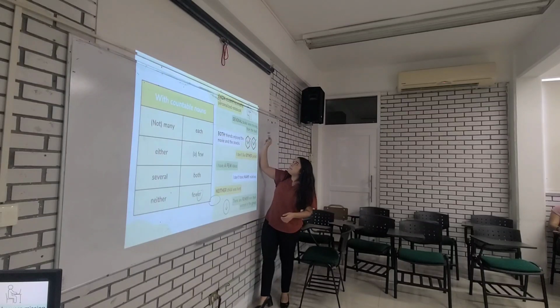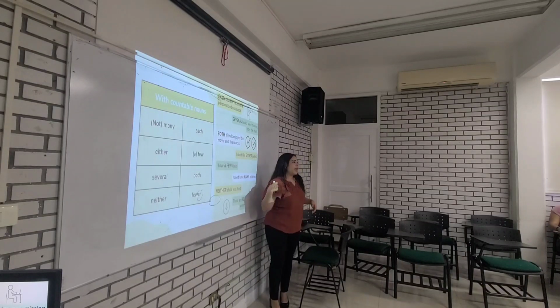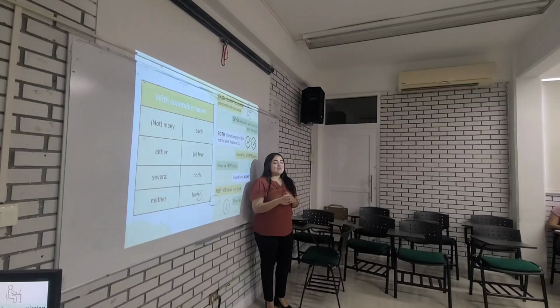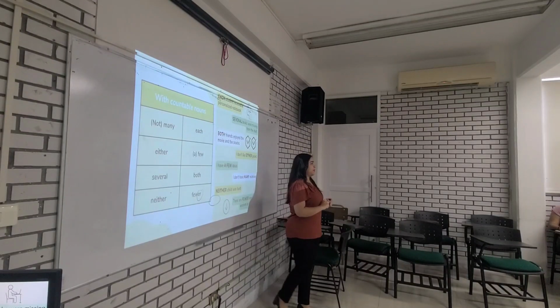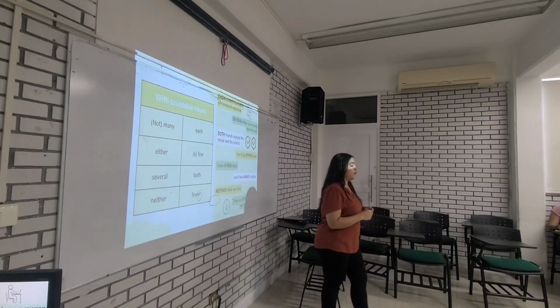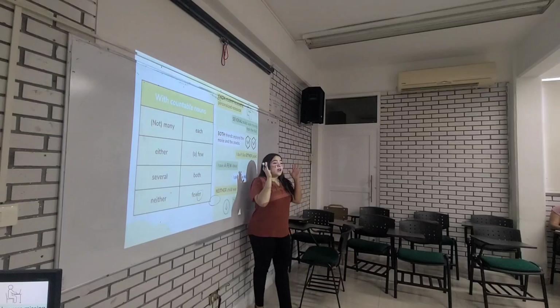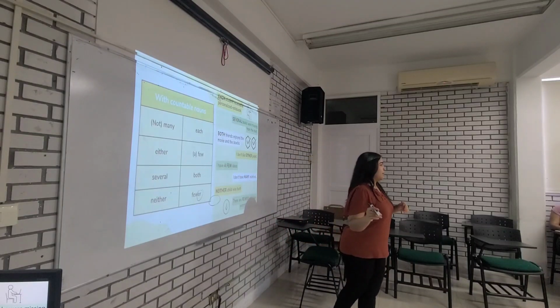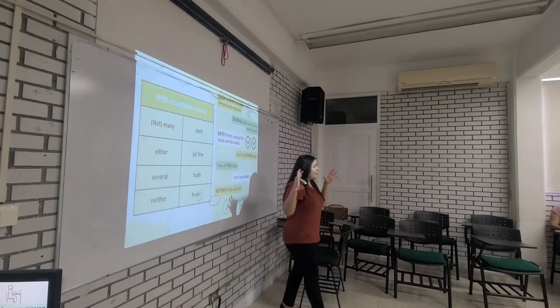And then we have several. Several books were missing from the shelf. I'm not saying if they are 10, I'm not saying if they are 20, but when I'm saying, you go on a trip and you're with a group of people and they say, several people are missing. It refers to a good amount.